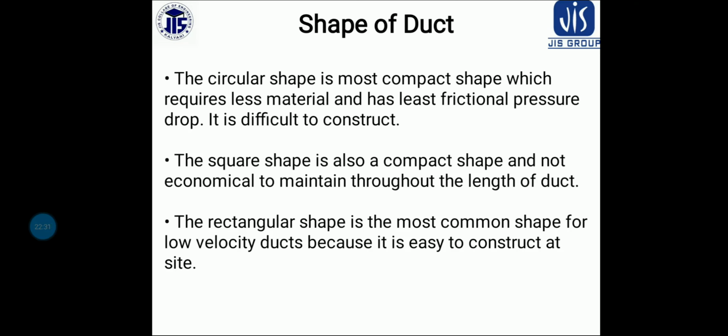The pressure loss increases with duct length also, because we know that by the help of the Darcy-Weisbach principle, if the fluid is flowing, hf is equal to 4fLv squared by 2gD. That is the formula by the help of which we can measure the frictional loss and head loss due to friction, and this is also called the major loss.